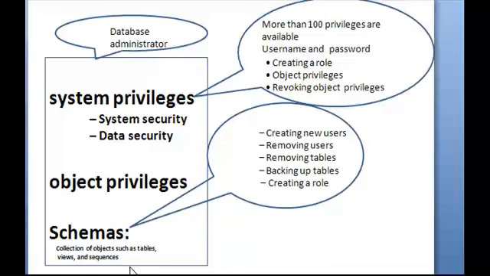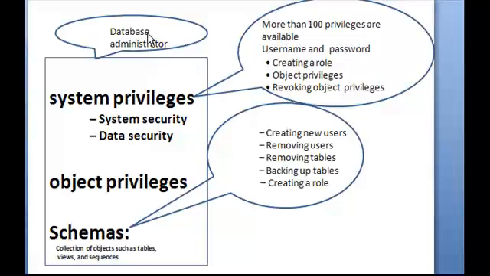So the system is allowed to create a user. That user has the right to assign different activities to different users, so that's a higher-level privilege. In the privilege area we are talking about, more than 100 privileges are available in the system.